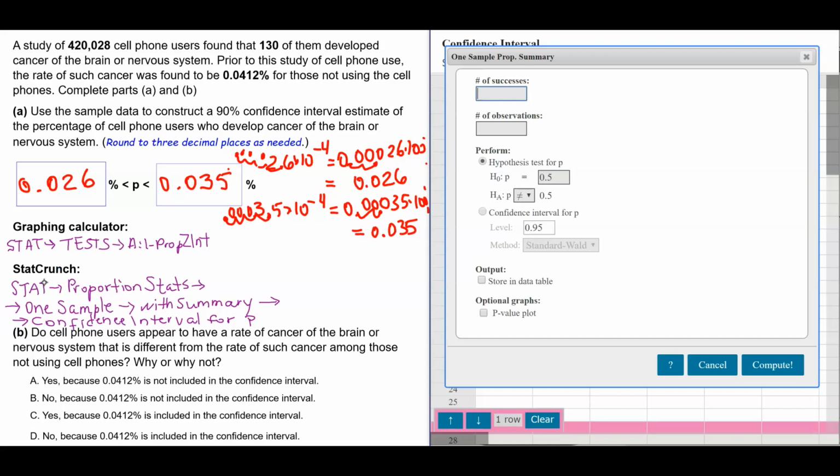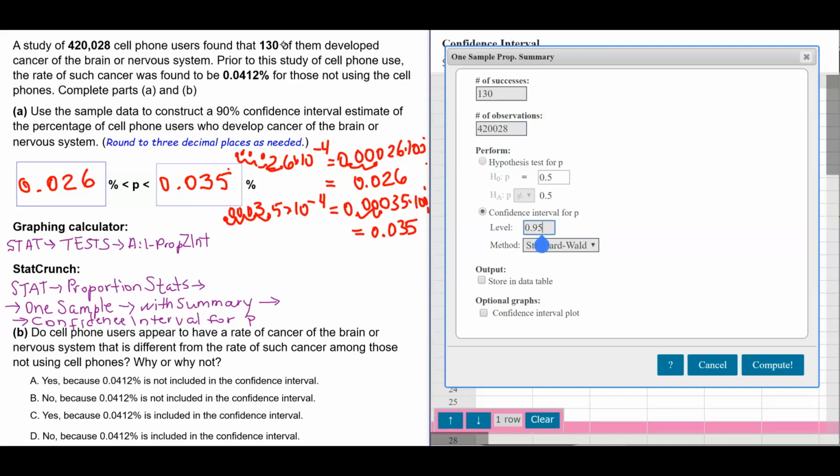Enter the number of successes. It's 130. Then enter the number of total observations, which is 420,028. Then click confidence interval for P.